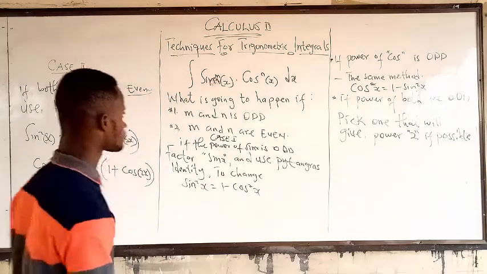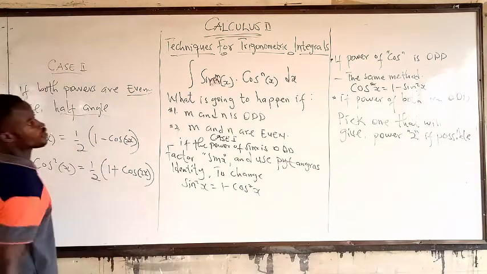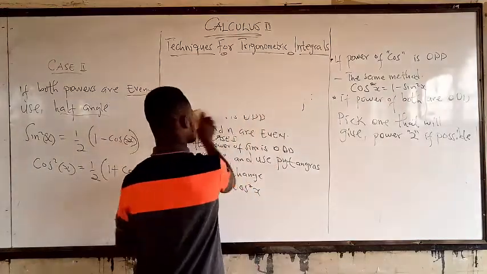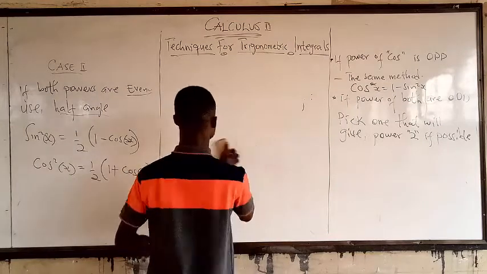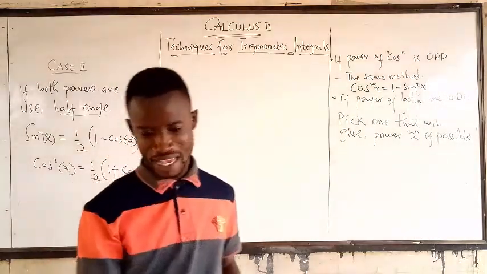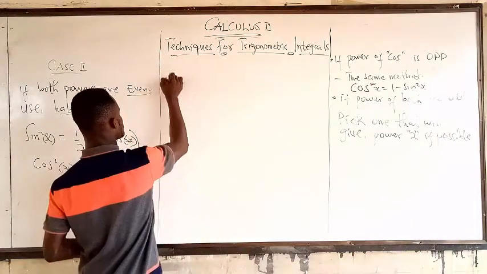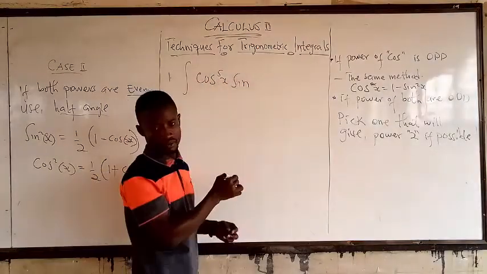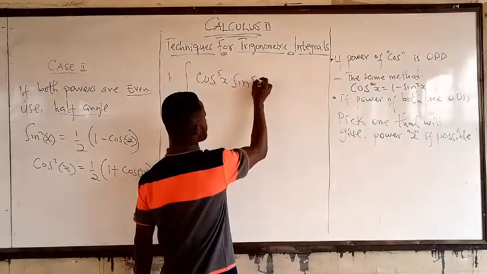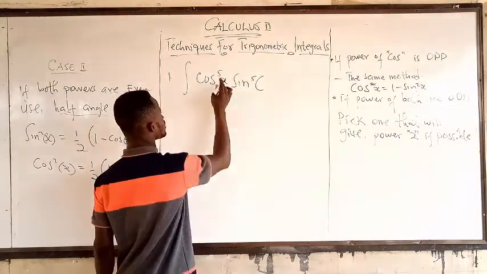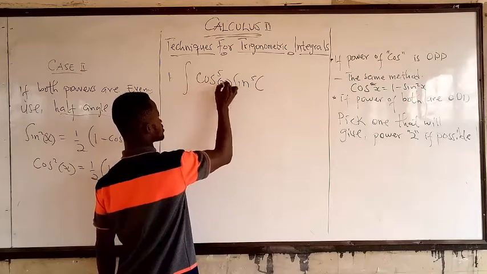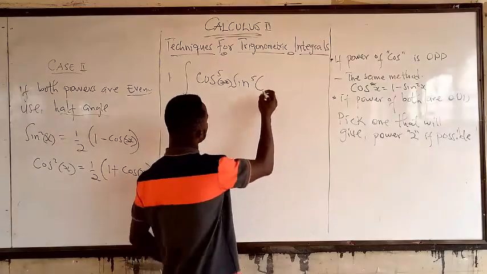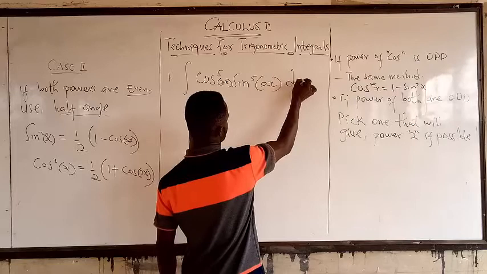So, first question. Let's start with our first question here. Alright, in the first question, we have an integral of cos raised to the power 3, 2x, sine raised to the power 5, 2x dx.